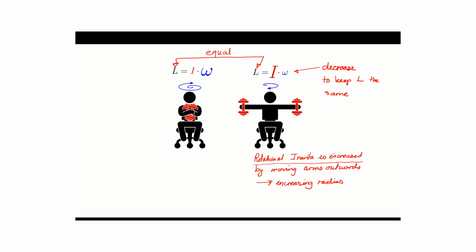So what we've done is moved this person from here to here. We've brought our arms out, we've increased our inertia, so the angular velocity must decrease to keep L the same. Similarly, if we pull our arms in, going the other way, we would have to increase our angular velocity because our inertia has decreased, because the angular momentum must remain constant.